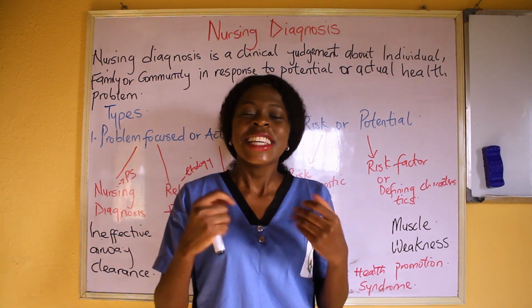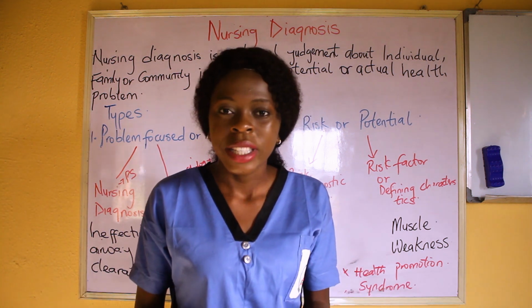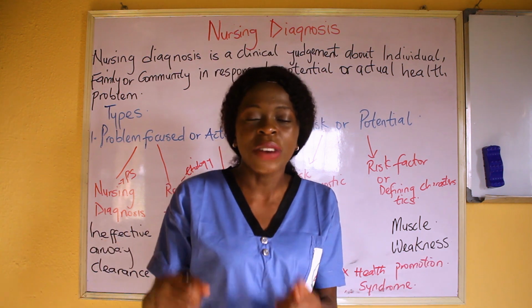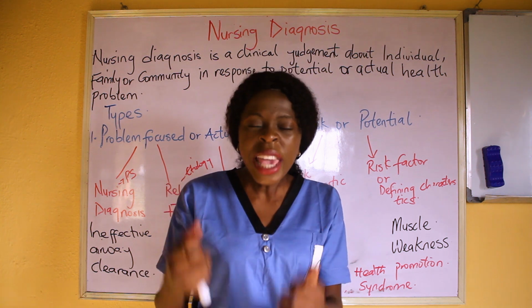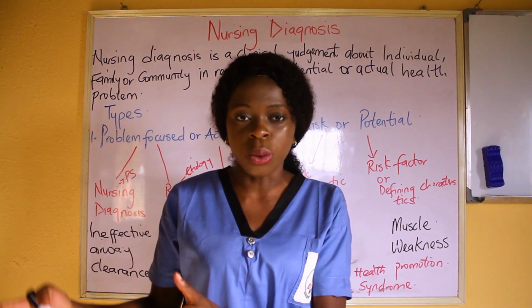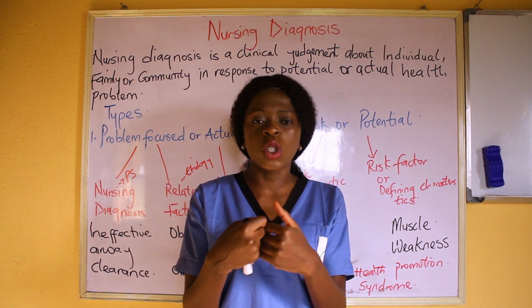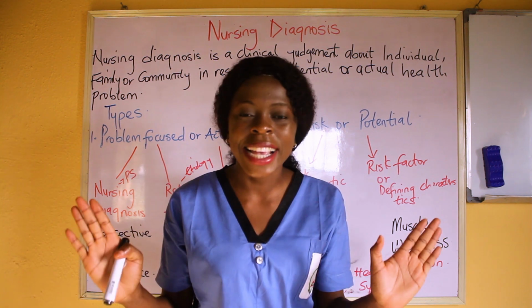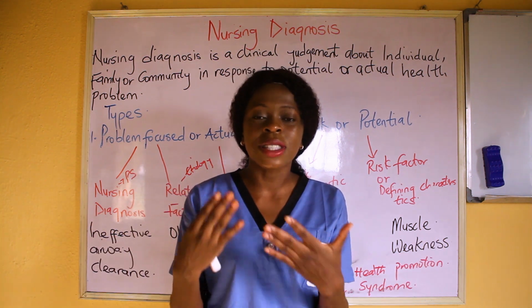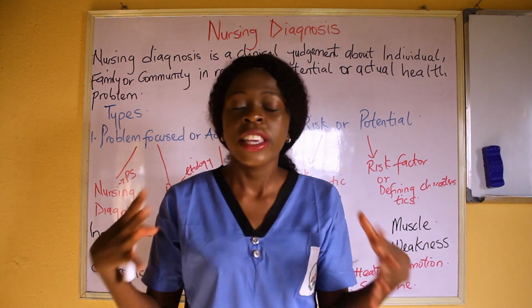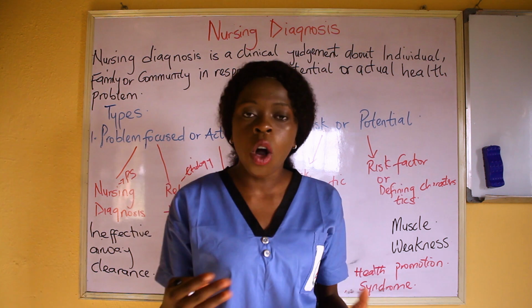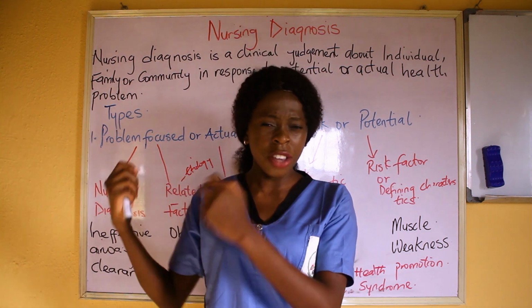Ask yourself, is it an inflammatory condition? Are the cells inflamed? Are they saying itis, laryngitis, pharyngitis? You get? So if it is an inflammatory condition, the next thing that should come to your mind is hyperthermia, pain, and anxiety. Those are the three nursing diagnoses common with what? Inflammatory condition.